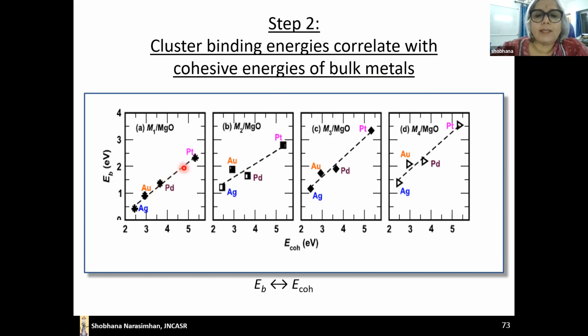And again, you find a pretty good correlation in all 4 cases, because you are not depending on the energy landscape's topography over here.